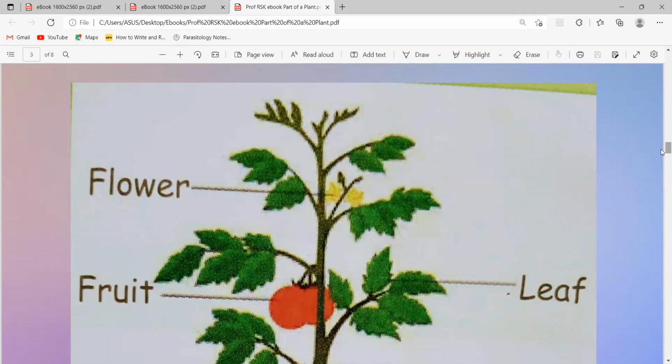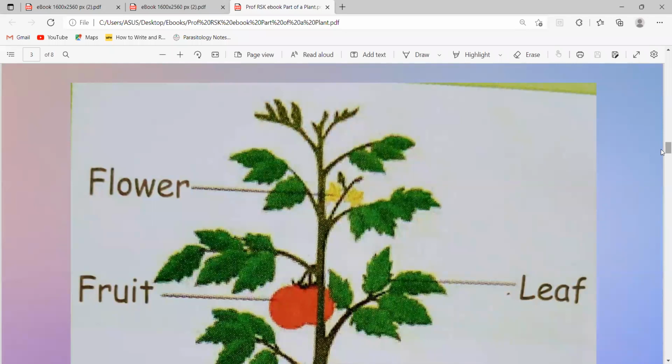So please understand the project assignment. One is to look for a plant, uproot it. Two, identify the flowers, the leaves, the fruits, the stem, and the roots.